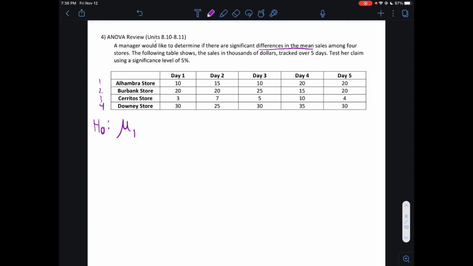So we have mu1, the mean of the Alhambra store, is equal to mu2, the mean sales of the Burbank store, is equal to mu3, which is the mean sales of the Cerritos store, and then equal to mu4, which is the mean sales of the Downey store. And then the alternative hypothesis is simply that at least one population mean is different from the others.